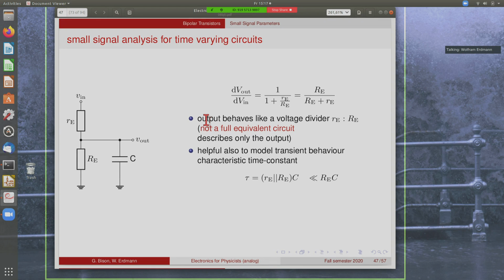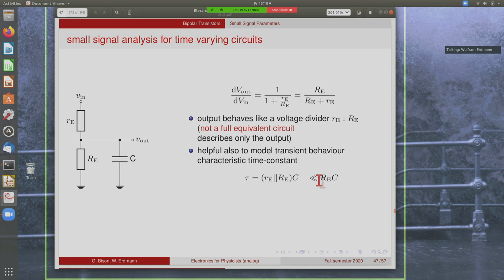So this is helpful not only for the DC analysis, but also to model the transient behavior. If you look at this circuit here, an emitter follower, and you put some capacitance at the output, you expect some RC type behavior. This equivalent circuit suggests that the characteristic time constant of the circuit is given by the capacitor multiplied by the parallel value of these two resistors.